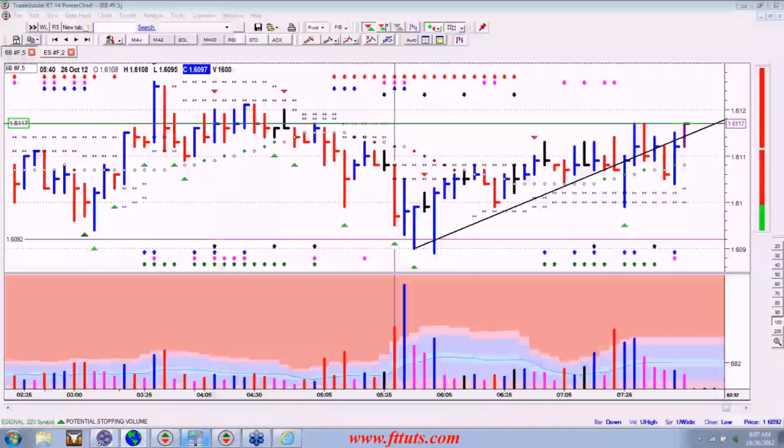Okay, good. Let me just show you something here. I put this together to look at yesterday because I love springs and upthrusts as well. This is a chart, and this again is that 45,000 tick chart.